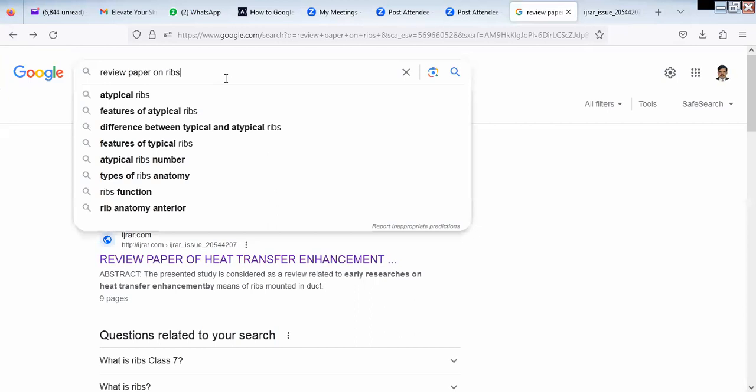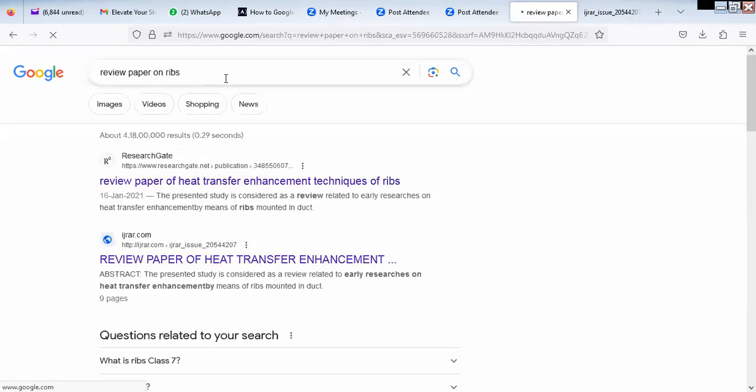Now Google is a very important tool for searching the material. Now there are a few options that you may not be knowing.